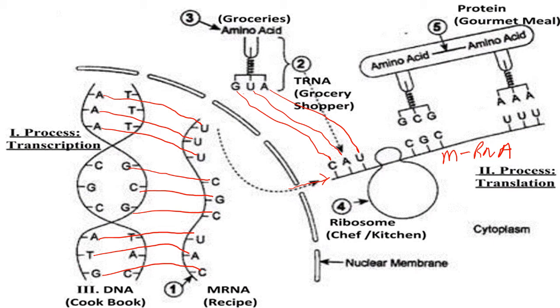Now, back to the analogy we started with, it would be like you have a 600,000 page cookbook in here, the DNA. But you want a single recipe. But the cookbook is 600,000 pages, so it's way too big and heavy to carry out of the library.